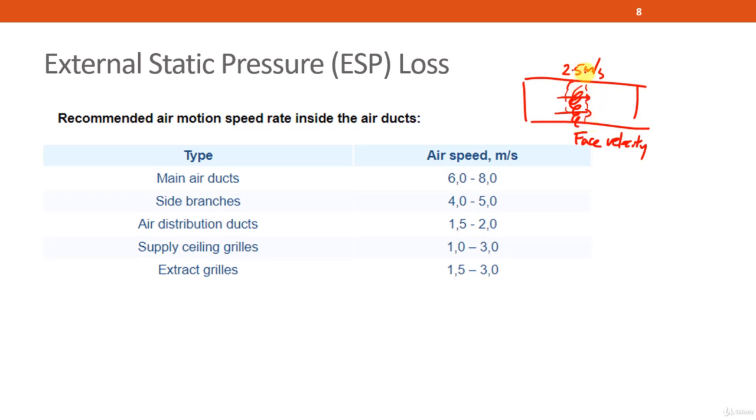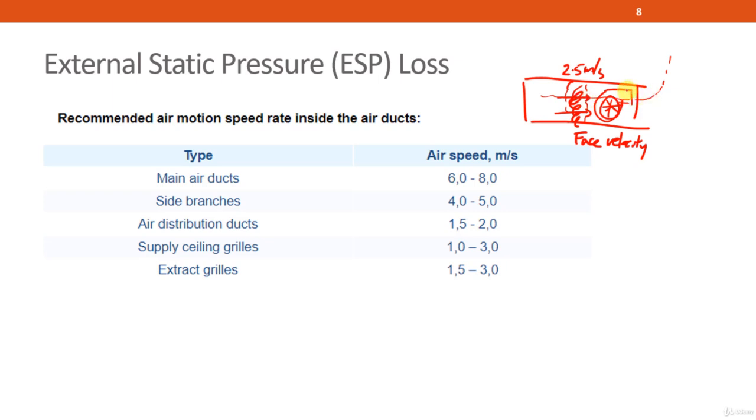And if the airflow velocity is very fast, then it will carry the moisture with it, and it will maybe spread to the rest of the components. It may damage your sensors or whatever that you install up front. Or it may also go inside your fan, which is in front of the cooling coil. So usually the face velocity is around 2.5 meter per second or 3 meter per second.